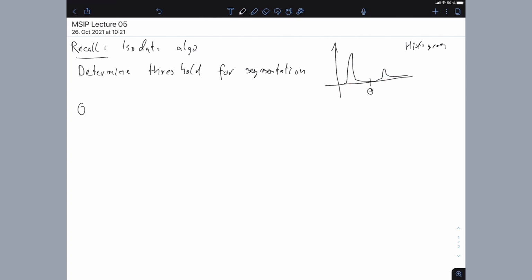And we characterized this as follows, namely that this threshold is supposed to be the mean value of the mean values in the different parts of the image.